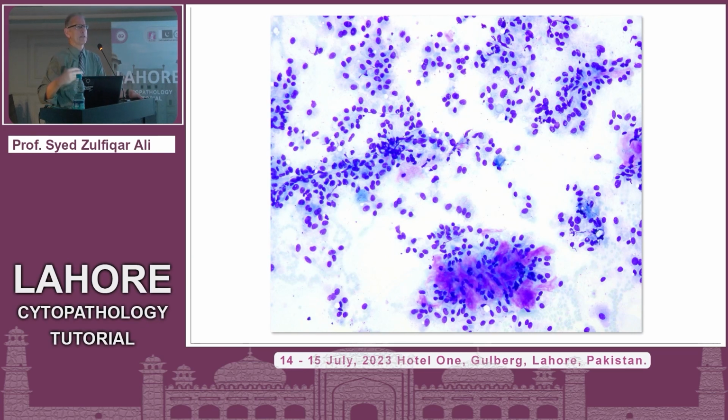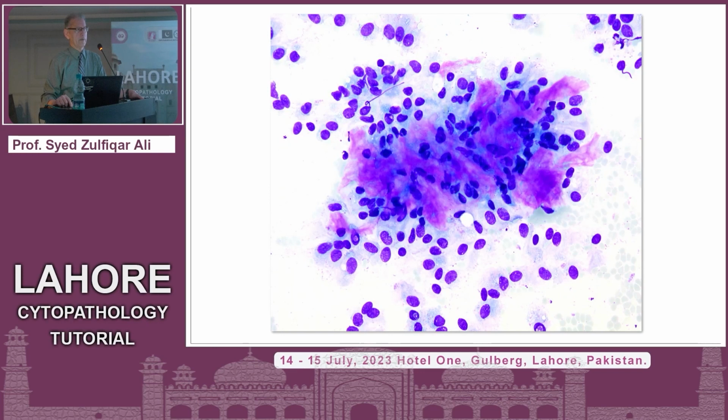So you can look at the cellularity, the arrangement of the cells, presence or absence of colloid, amyloid, or something else in the background. That's the higher magnification of something that I showed you in the first slide. And again, you can see that. But some of you who have very good vision would begin to see something going on here.